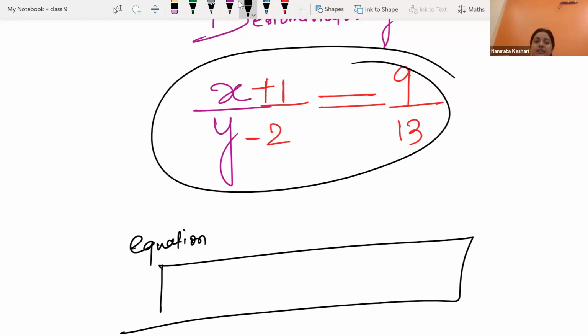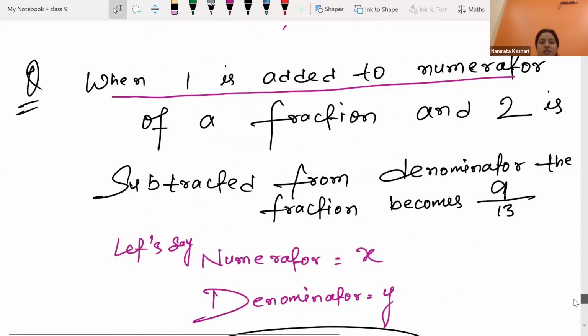Is it making sense, or are you not getting it at all? Read the statement by yourself one time to understand the whole situation. When 1 is added to the numerator, your numerator is x, you are adding 1. And 2 is subtracted from the denominator, which according to your assumption is y, and you are subtracting 2.